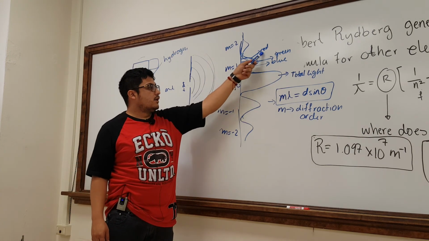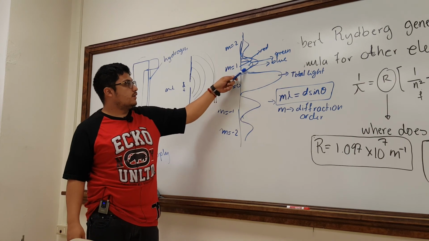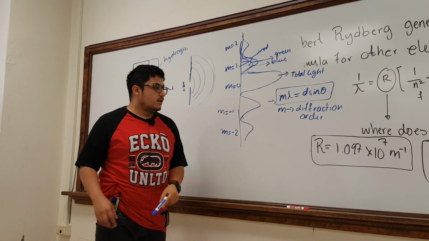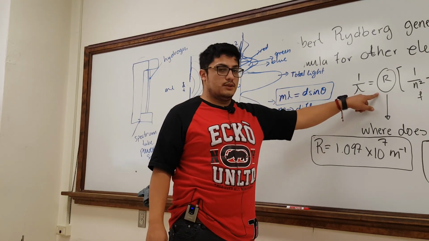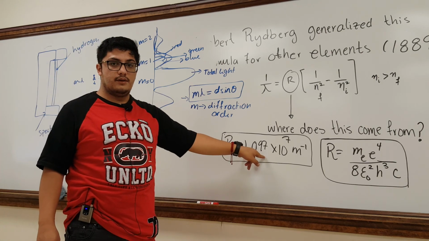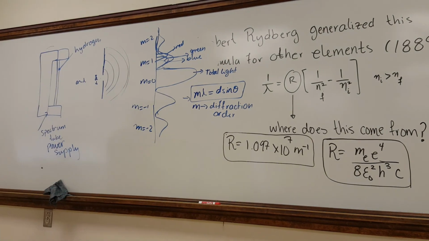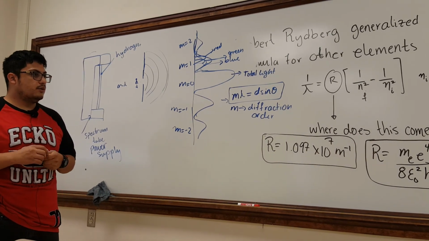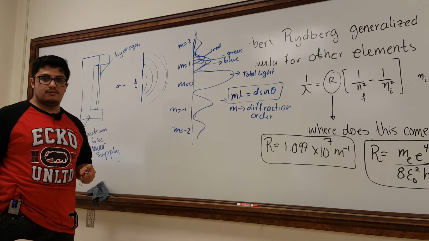For example, where do you find red along this line, where do you find blue, where do you find green? You form that relation, and you want to find what we call the Rydberg constant. I think that concludes the theory part of the experiment, so we'll move on to the experimental setup in the next video.